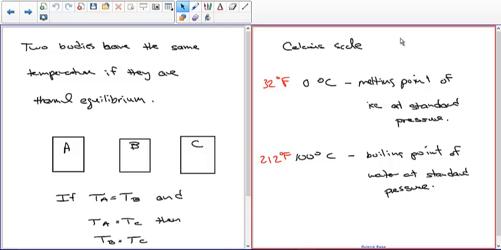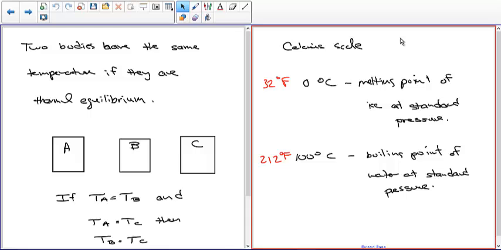So we can standardize it by using this easily reproduced condition. Likewise, the boiling point of water at standard atmospheric pressure, 101,000 pascals. For the Celsius scale, we say the boiling point of water is 100 degrees C, and points in between are linearly determined.